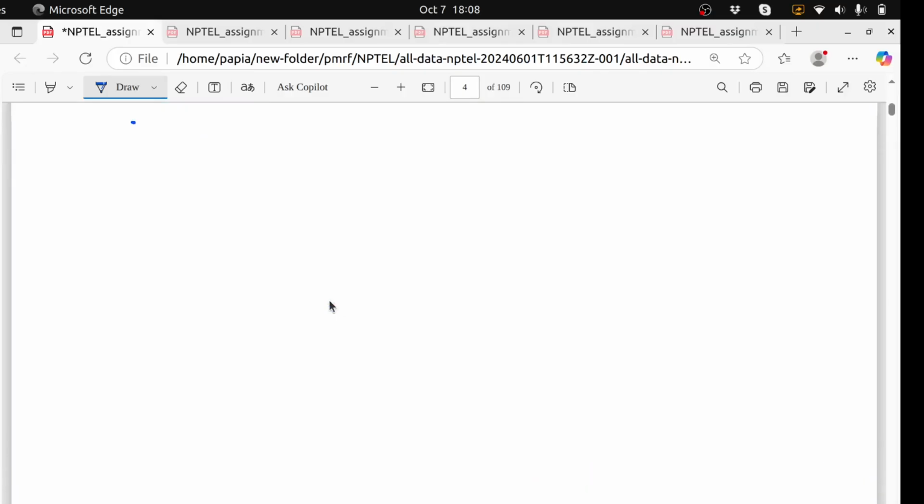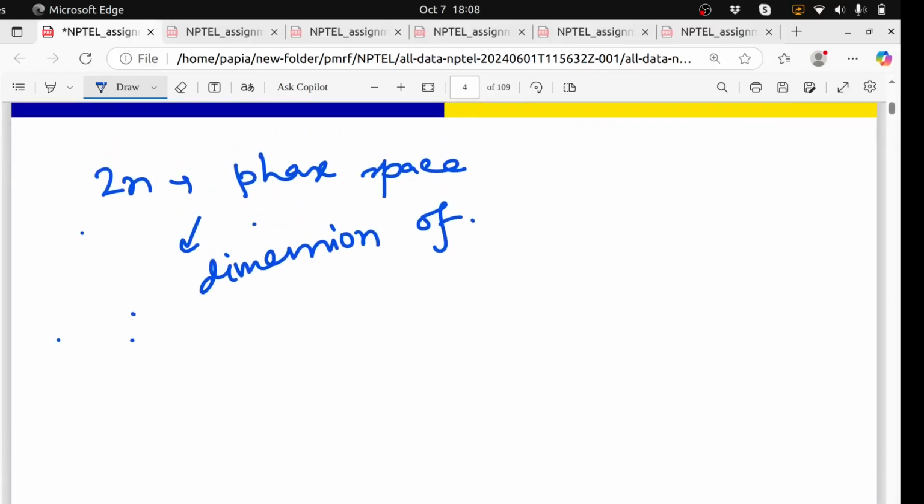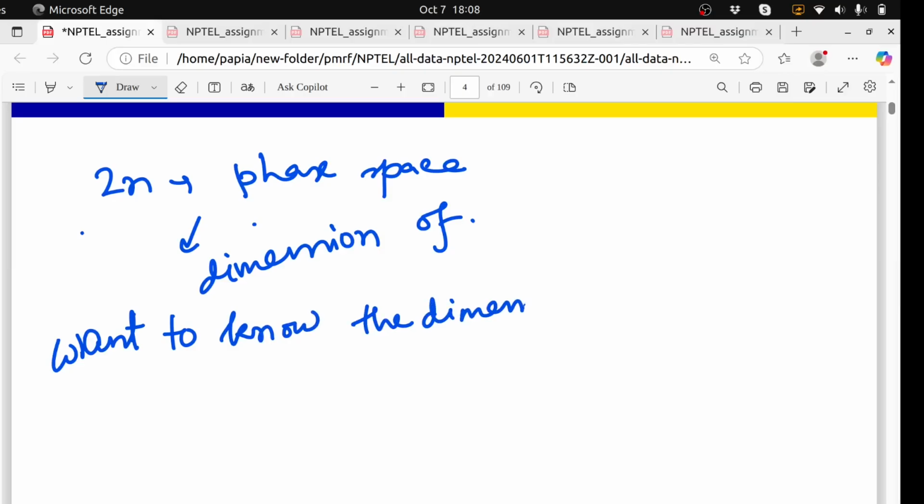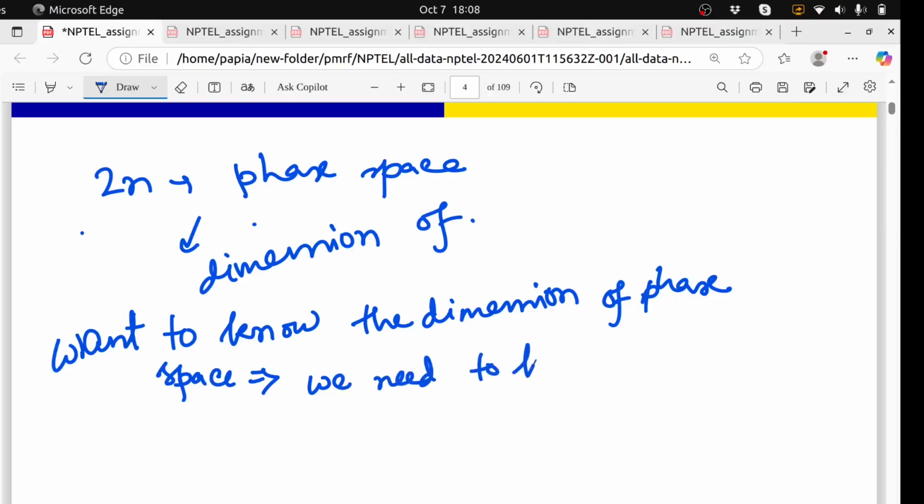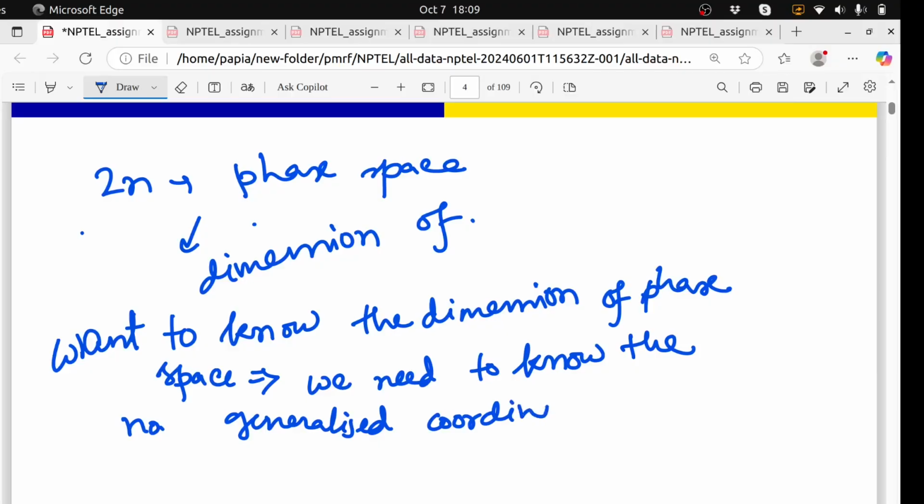So for any system where we just want to know the dimension of phase space, we only need to know the number of generalized coordinates, and we just need to multiply that by 2.